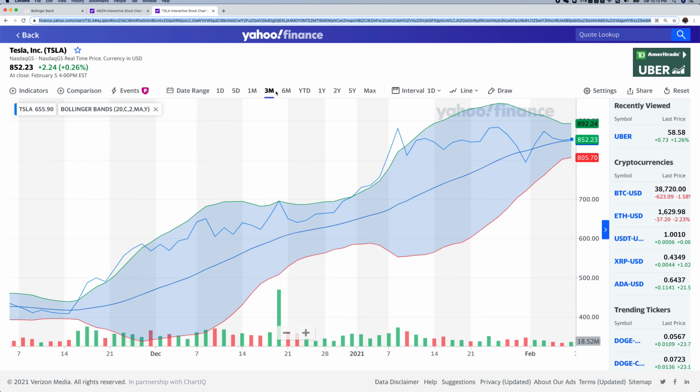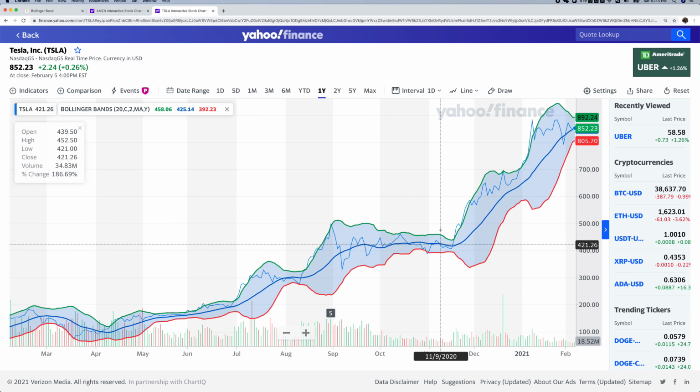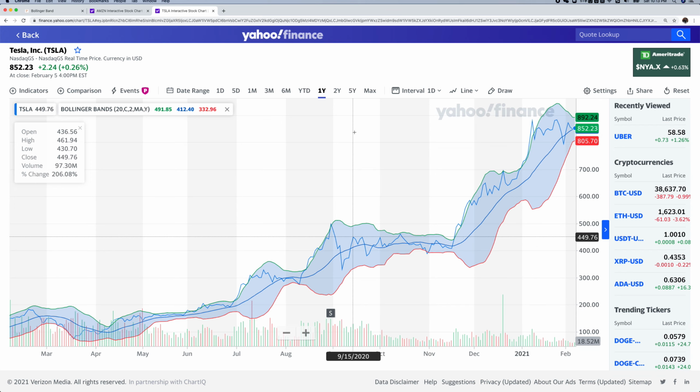It's been going up very dramatically in the past year, but you can see that every time it touches the upper Bollinger Band, it still gets some resistance, and when it touches the lower band, it also gets some resistance. So I would say Bollinger Band is a very good technical indicator to guide you about when is a good buying or selling opportunity.